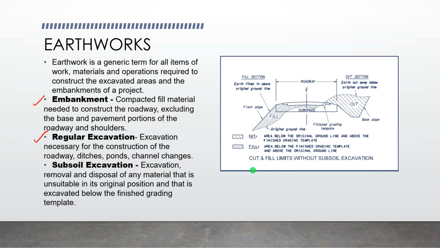If we have here a cross section of roadway, that area there that we will need to compute the embankment, the volume of soil needed, is this portion here, because if this is your existing ground surface, or the original ground line, and the finished grading template, or the roadway that is being proposed, is at this elevation, it is not safe if we just construct a road there without putting an embankment at the left side of the cross section.